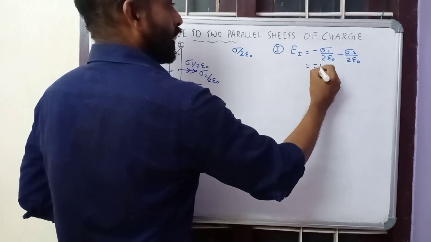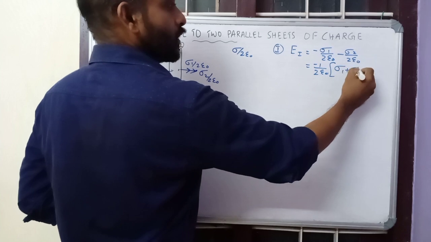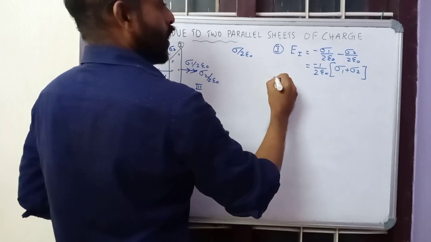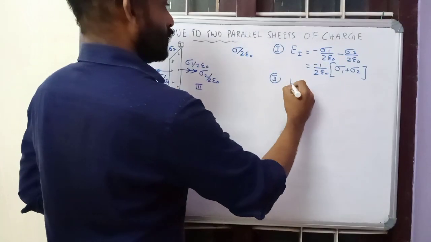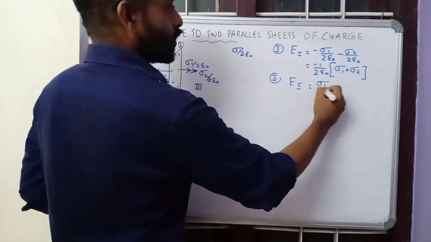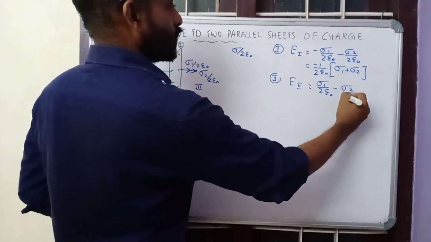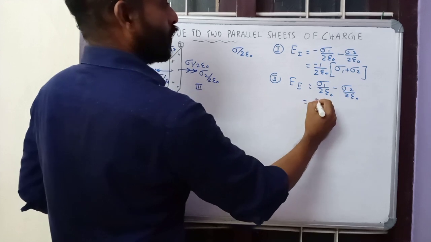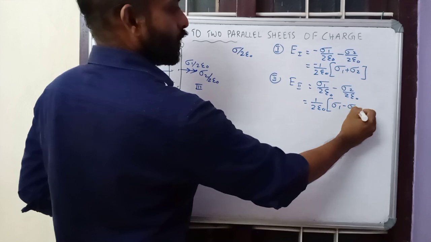Taking 1 by 2 epsilon 0 common, we get the total field as sigma 1 plus sigma 2. In region 2, I need to add these two vectors. The net field in region 2 is sigma 1 by 2 epsilon 0 minus sigma 2 by 2 epsilon 0. Taking 1 by 2 epsilon 0 common, the remaining is sigma 1 minus sigma 2.